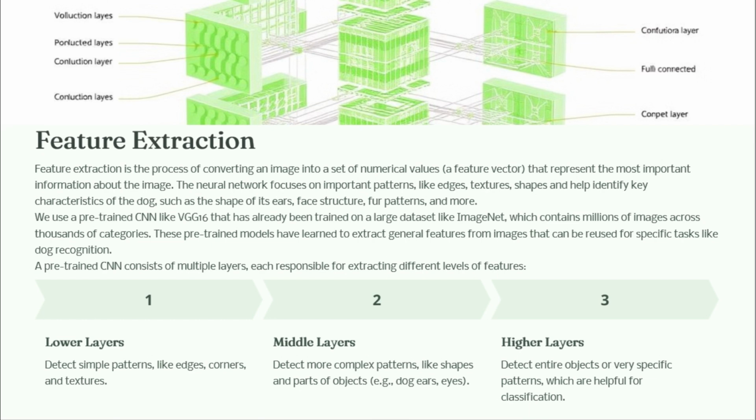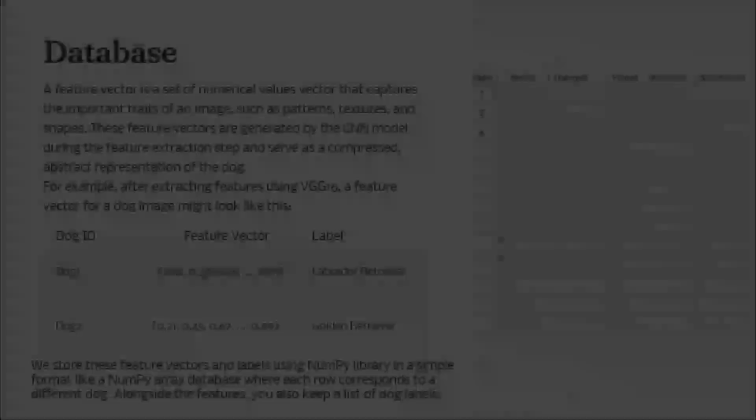These patterns are then transformed into what we call feature vectors, basically a set of numbers that represent the most important characteristics of the dog in the image. These vectors will be used later for comparison.